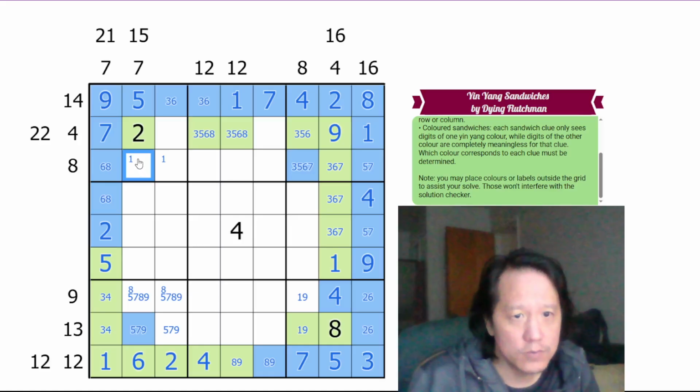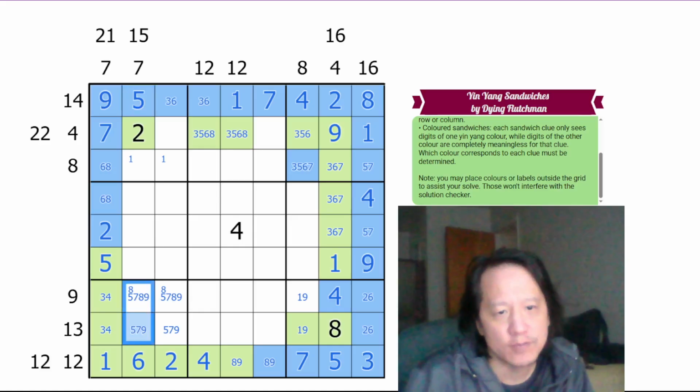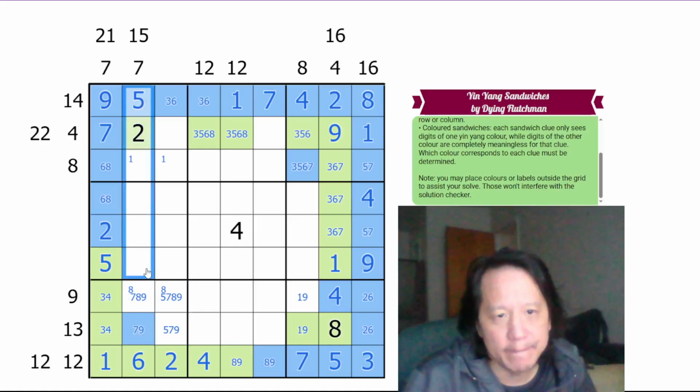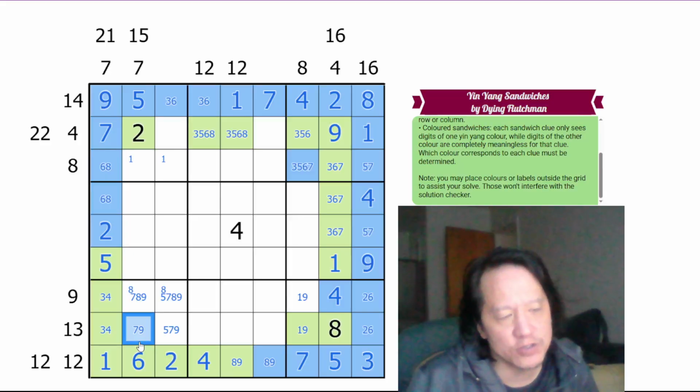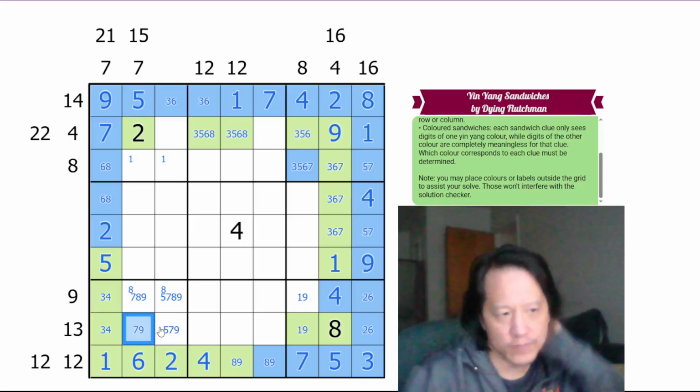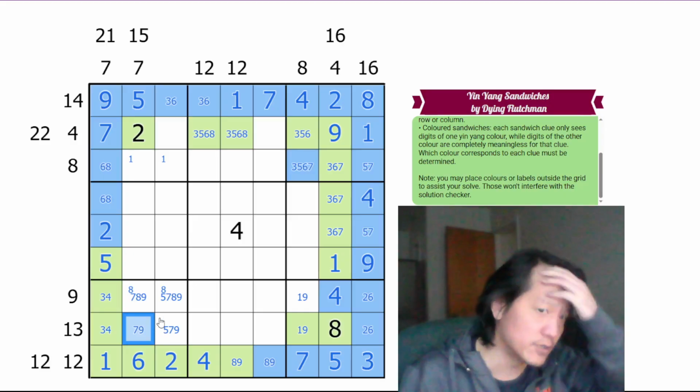So this cannot be 9. This could be 9, though. Oh, this 5 eliminates 5 in the rest of the column. This must be excluded from a sum because it's not in between the greens, obviously it's a blue, and therefore it must be a crust.